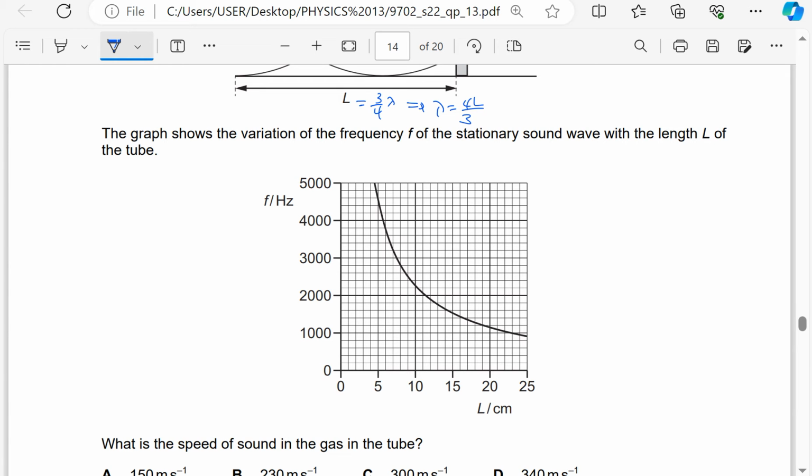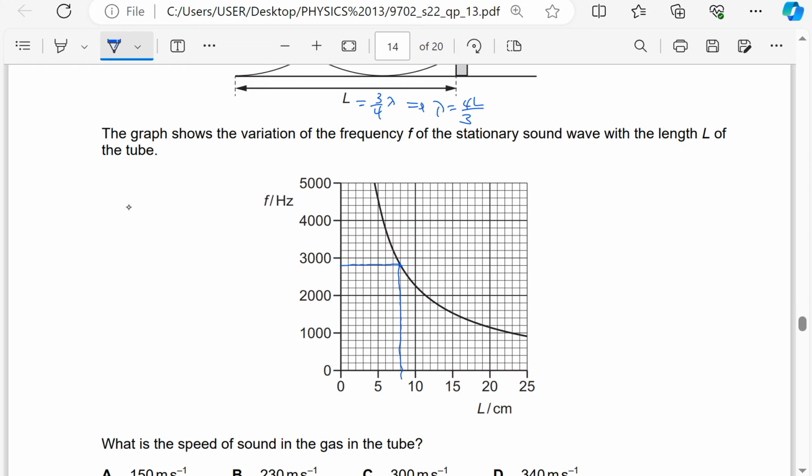I have to look for a point where the line crosses carefully. Okay, let me take this point here. And this corresponds with this value on the x-axis.